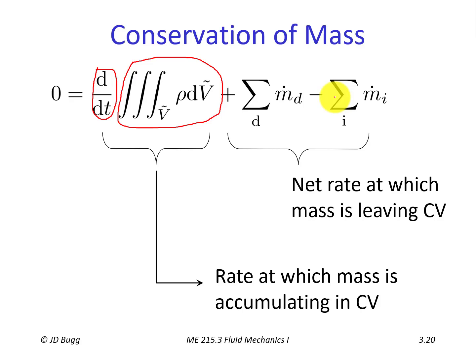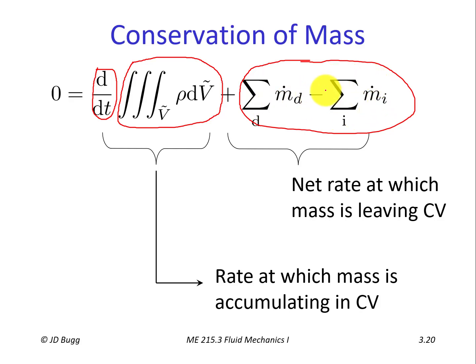Notice that those two things, this unsteady term and the net effect of all the inlets and discharges, have to add up to 0 by conservation of mass. So if we have some positive number here, meaning that mass is accumulating in the control volume, then this has to be collectively some negative number, meaning the inlets are bigger than the exits.